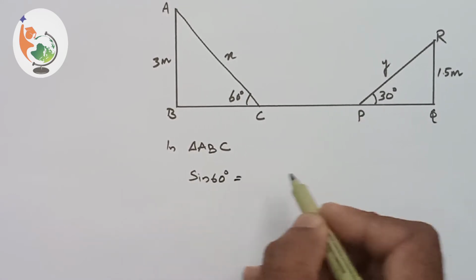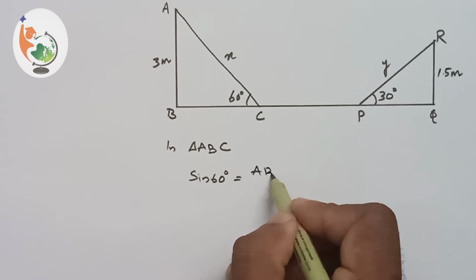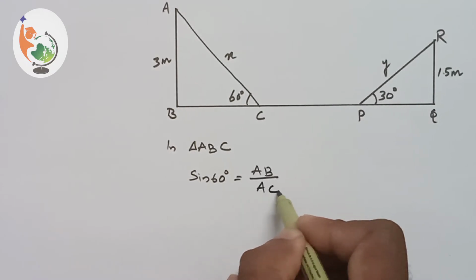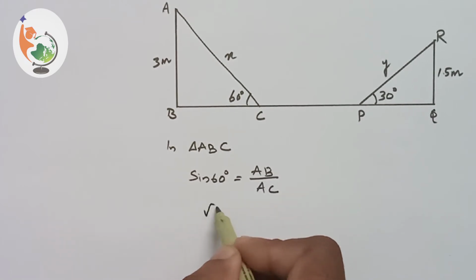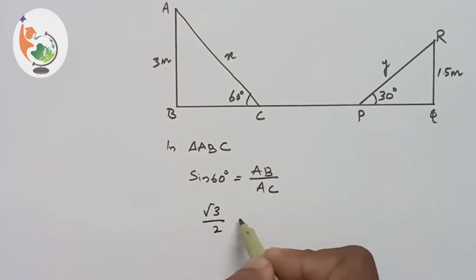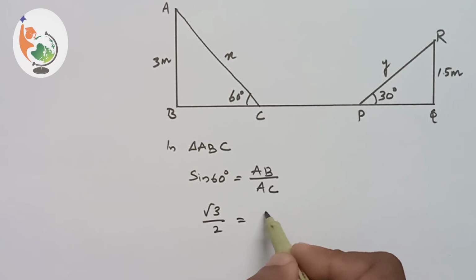Sine 60 degree is equal to AB by AC. We know the value of sine 60, sine 60 is root 3 by 2. That means root 3 by 2 equals AB is 3, AC is X, that we have to find out.